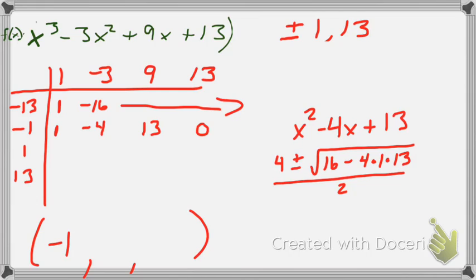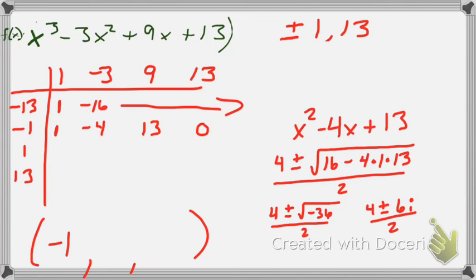All right. That mess under the root sign is negative 36, which throws a red flag up to me immediately because I know that thing is imaginary.